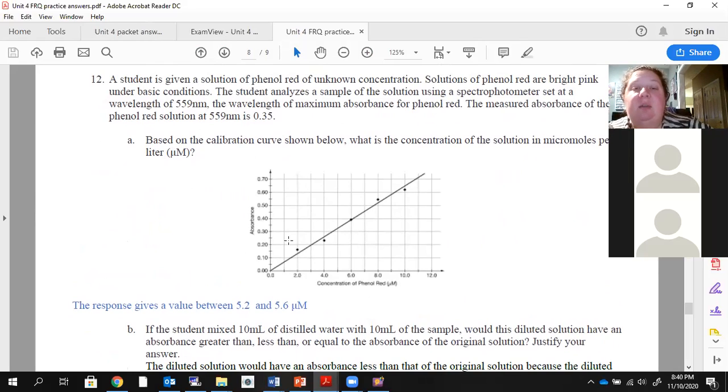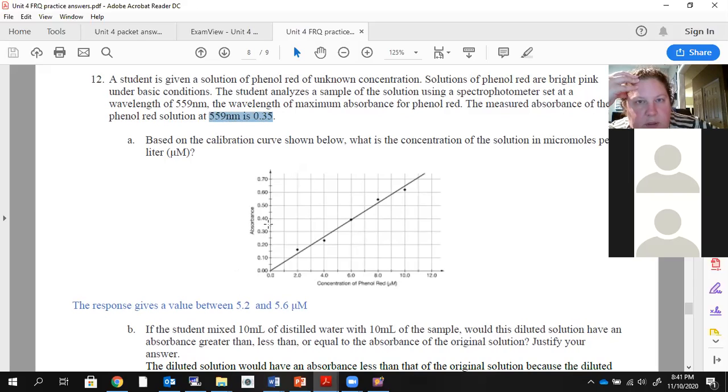So this is pretty much exactly what we did in lab. We generated a graph, just like these people generated a graph of known concentrations versus absorbance. Then we have a solution of unknown concentration that has an absorbance of 0.35. On my graph, I can find where 0.35 should be.